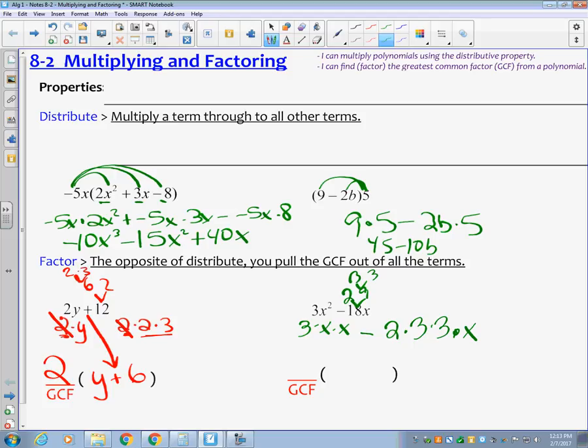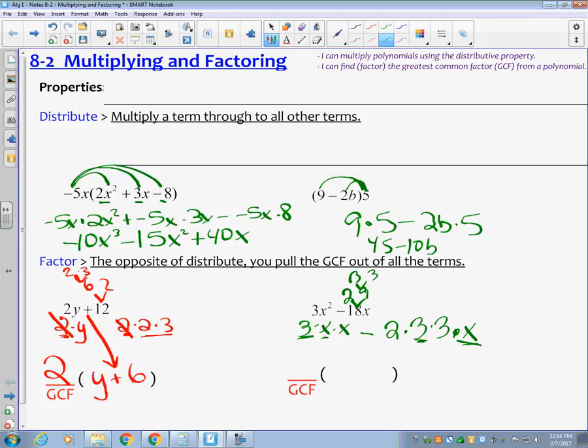So we're going to go ahead and underline what we have in common. Both of them have a 3, but just one. And both of them have an x. Unless they both have 2 of them, you can't underline 2. They both need to have that same amount in order to get an underline.